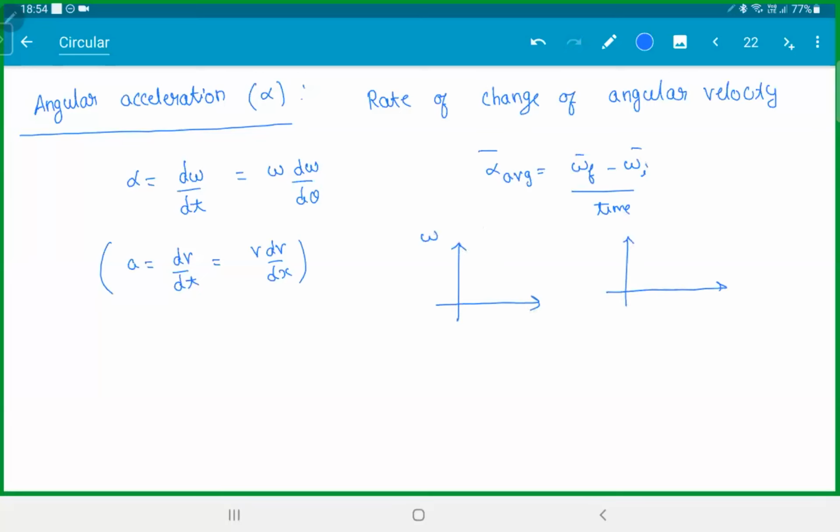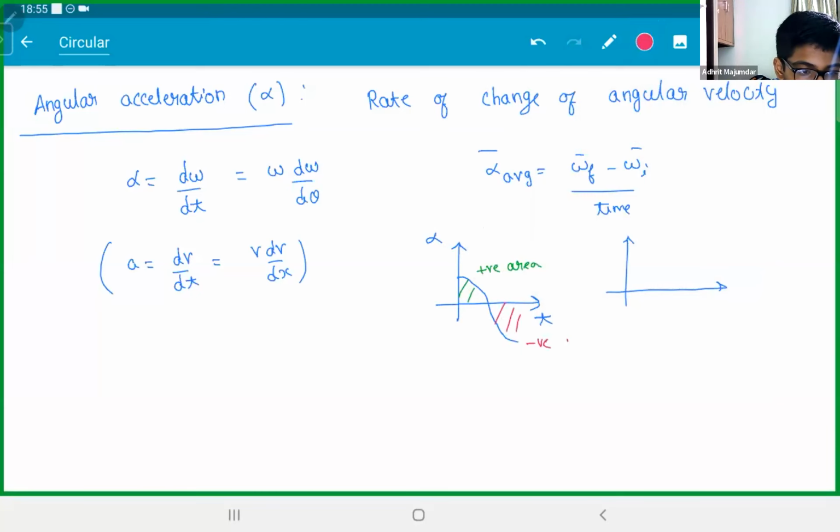And if you plot the alpha versus time graph, what does the area under the alpha versus time graph give you? This is a positive area. Change in omega. Yeah, be careful. It is not omega, it is change in omega.